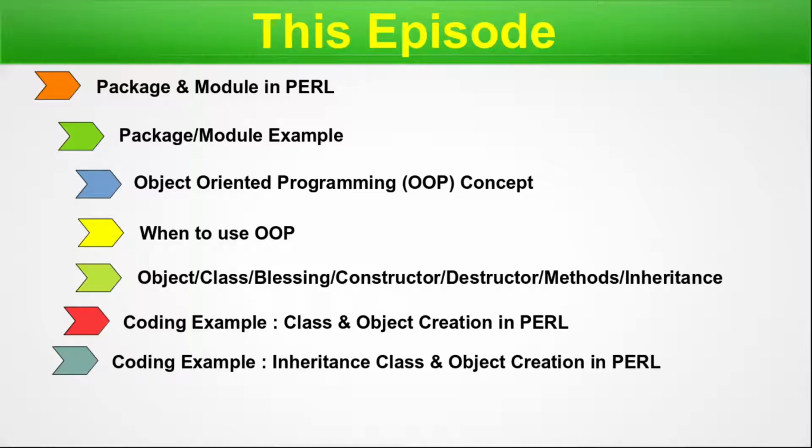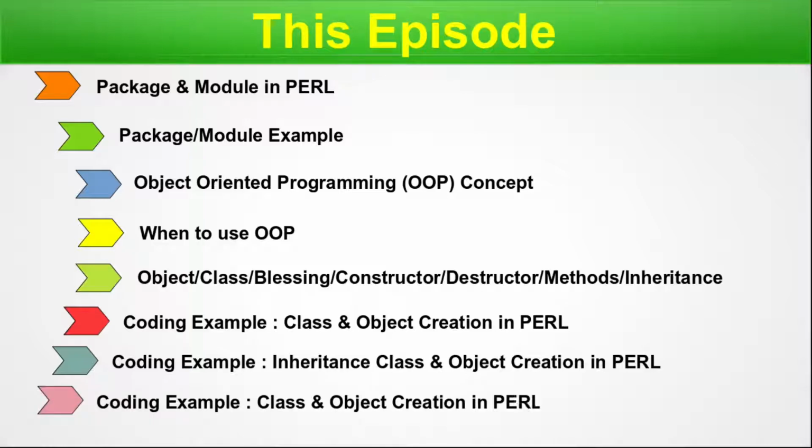We will also go through a coding example of inheritance and object creation of that inherited class. And we will close the entire episode with a very easy way of object creation in Perl through Moose.pm.